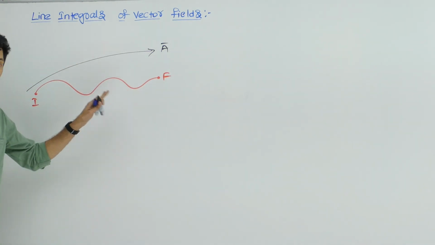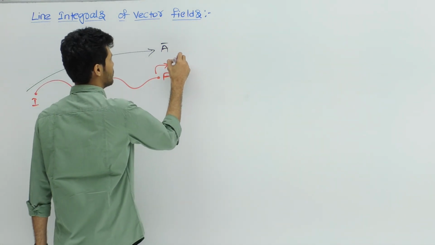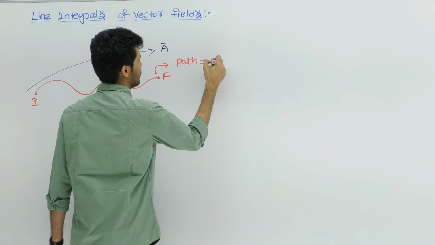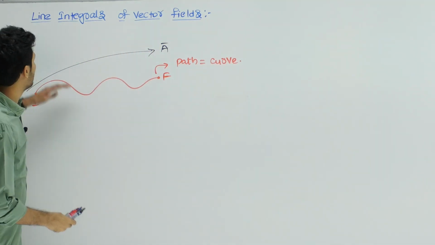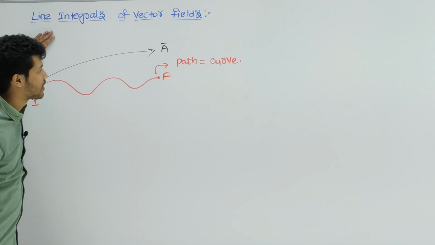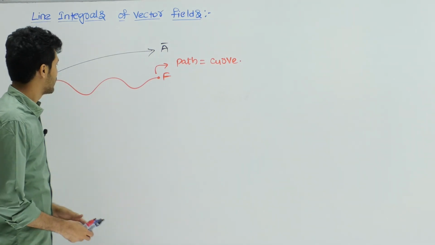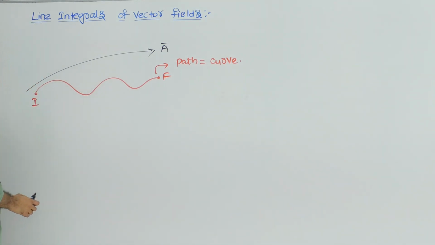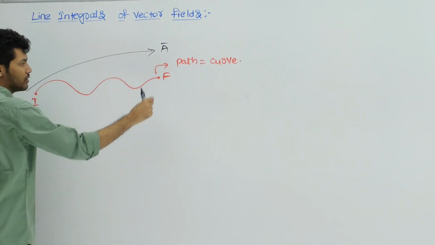And can I call this as a line or a curve? Obviously, this path corresponds to some curve, okay. So using the term line integral is actually a misnomer. We can call them as curve integrals or also path integrals, okay.